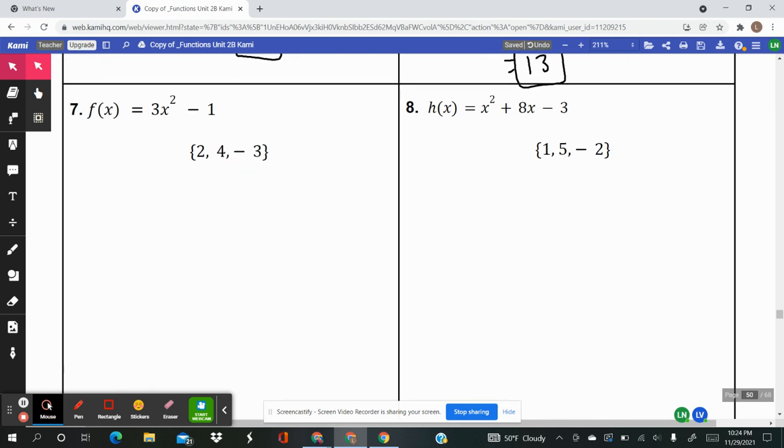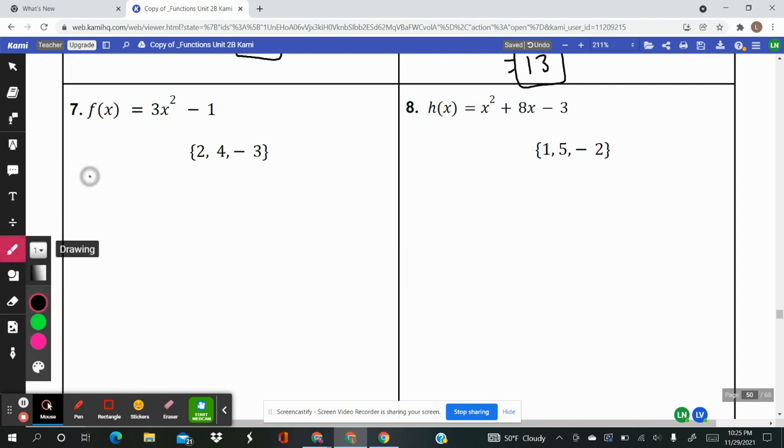Number 7. We have the function f of x equals 3x squared minus 1 for the values 2, 4, and negative 3. The first one, f of 2, equals 3 times 2 squared minus 1.